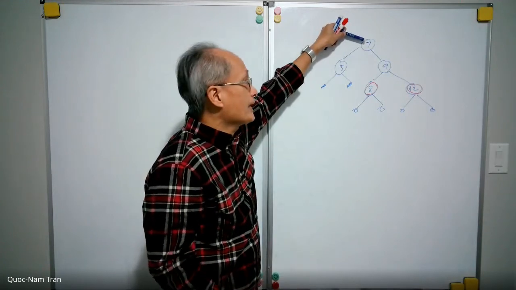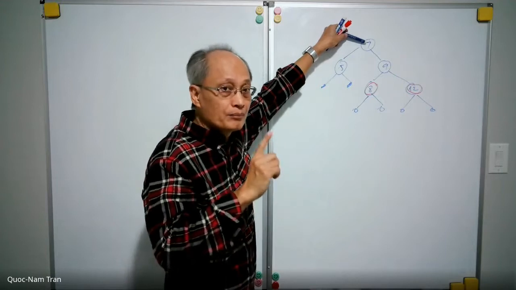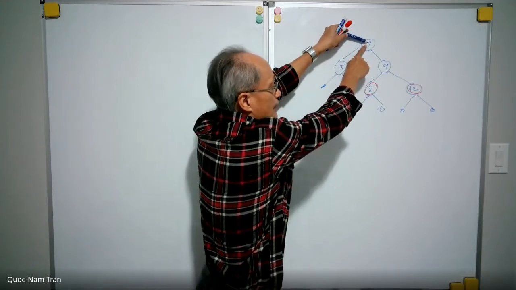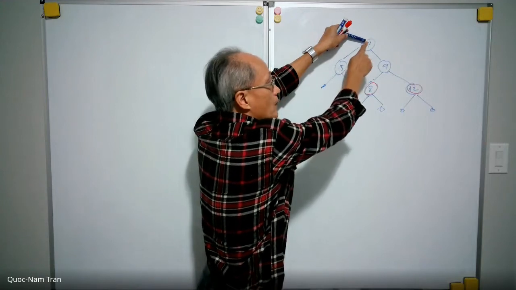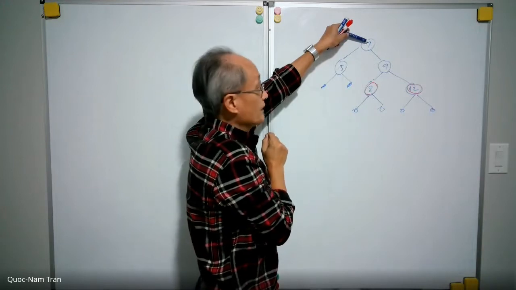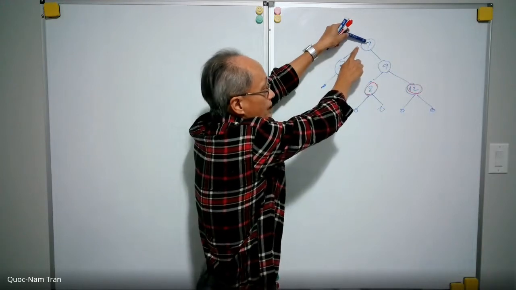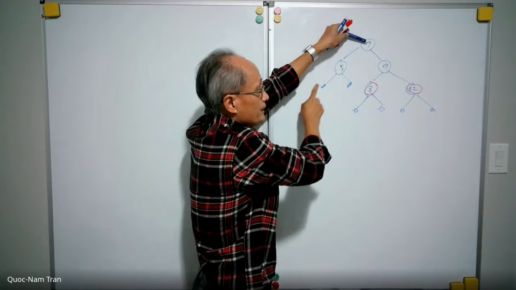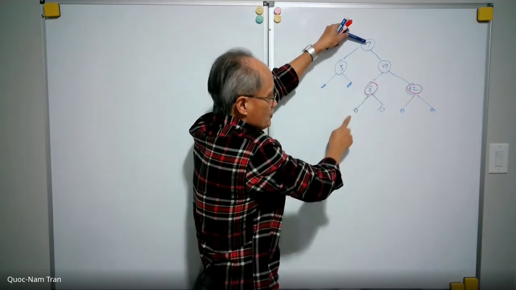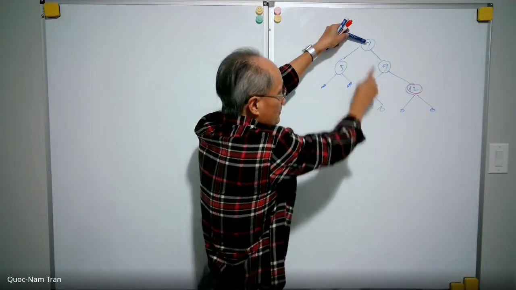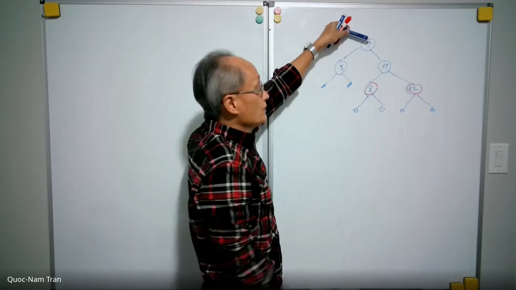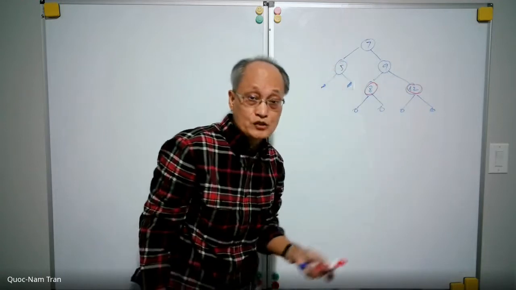Keep in mind that when I count the number of black nodes on a branch starting from 7, I will not count the color of 7. For example, this branch will have 2 black nodes, and so does every other branch. So this one is a red-black tree.